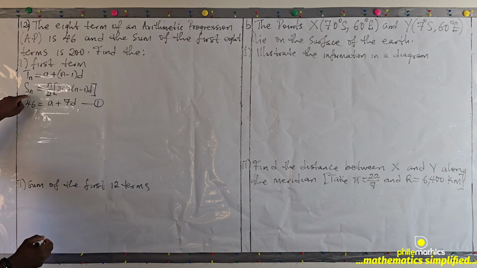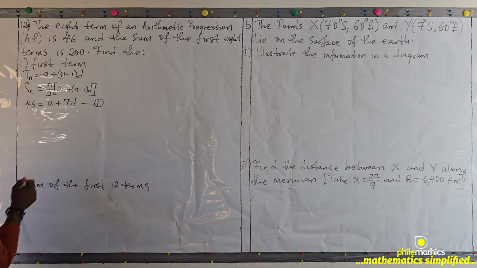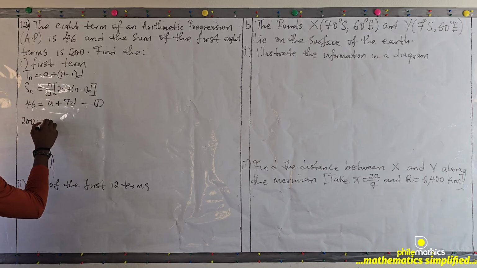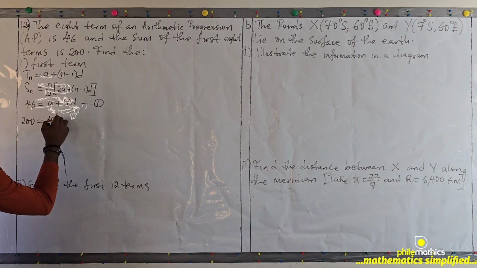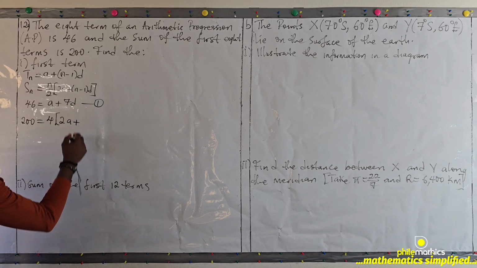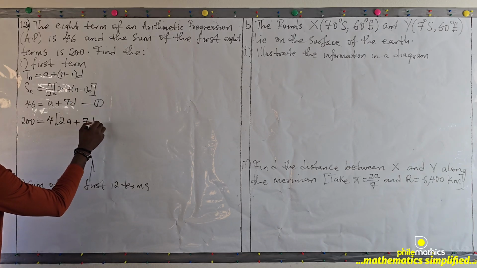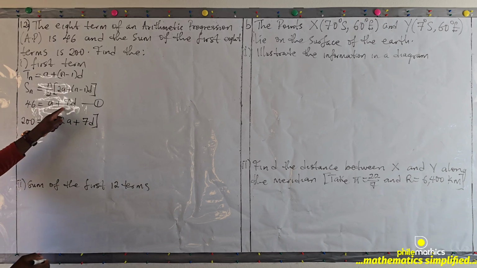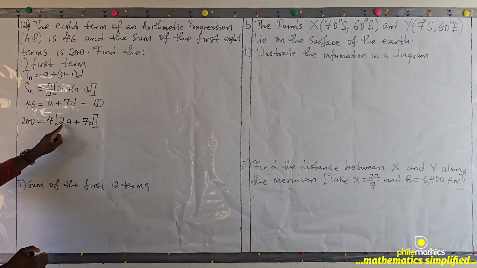From equation 2, let's substitute. The sum of the first 8 terms is 200. So 200 equals 8 over 2, which is 4, times 2a plus 8 minus 1, which is 7d. If you observe, we have a plus 7d here, and so we can easily substitute.